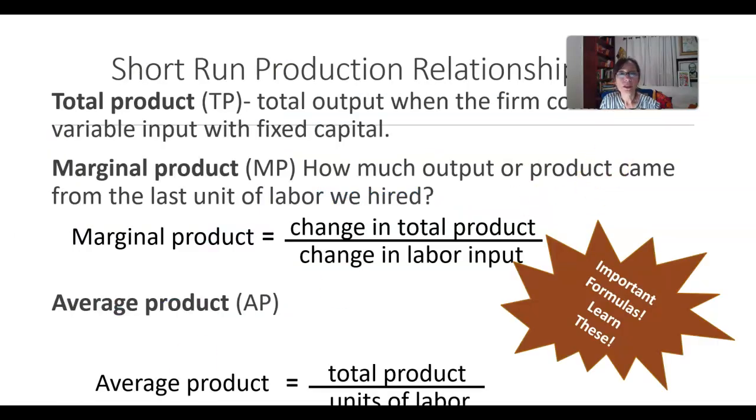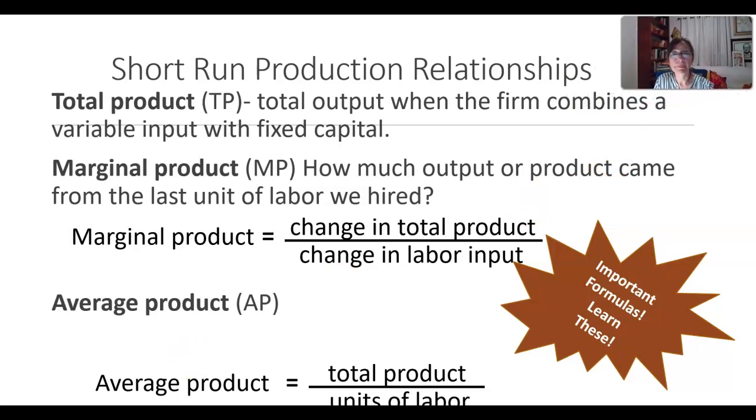Okay, so now let's get into production a little bit. We have some key production relationships that you need to know about. These are called short-run production relationships. The first one is called total product.